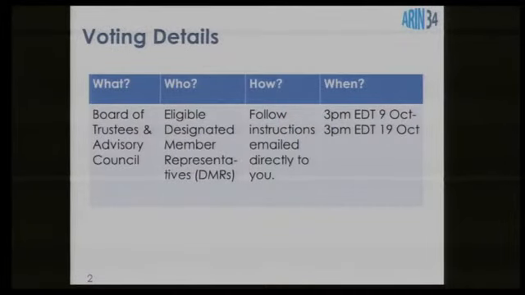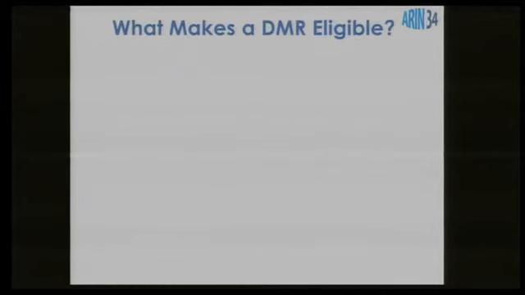This year, there's a board and advisory council election, and who can vote in it are designated member representatives for each ARIN member organization. How do you do it? If you're the DMR, we will email you instructions at 3 p.m. Eastern Time today. And follow those instructions, and you'll be able to log in and access your ballots.